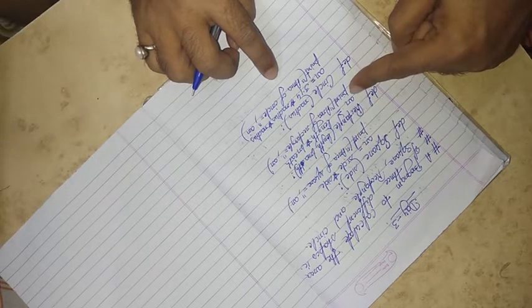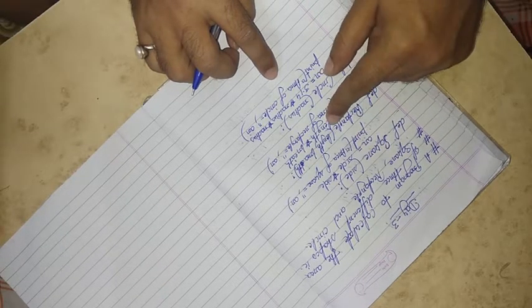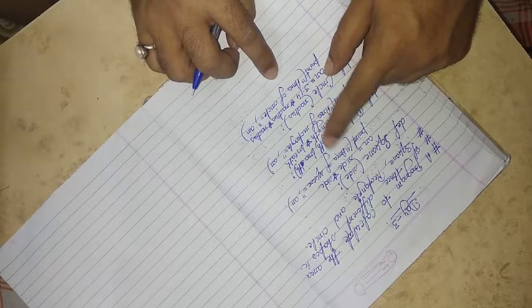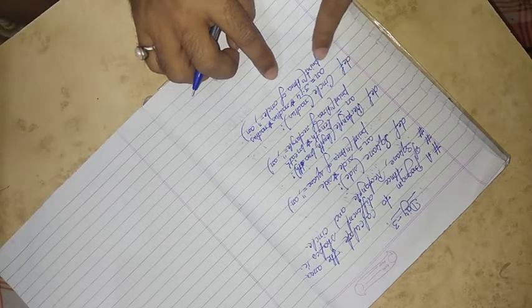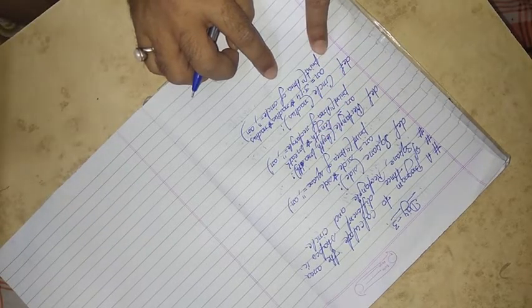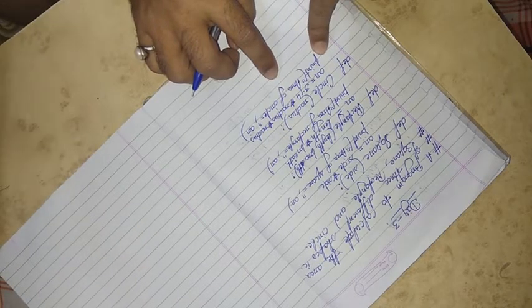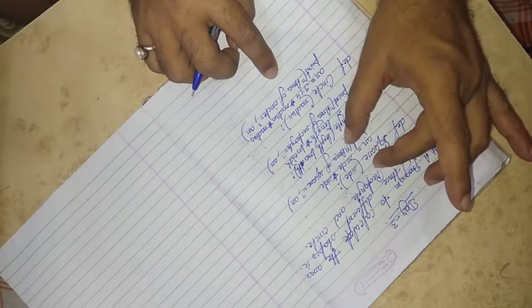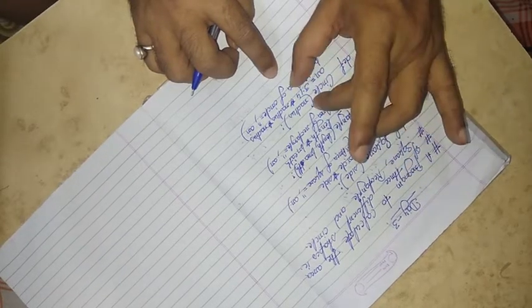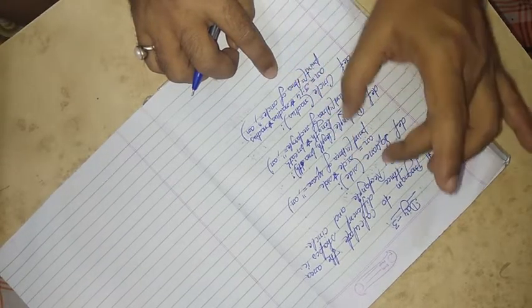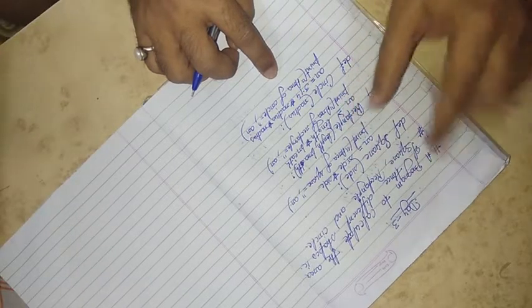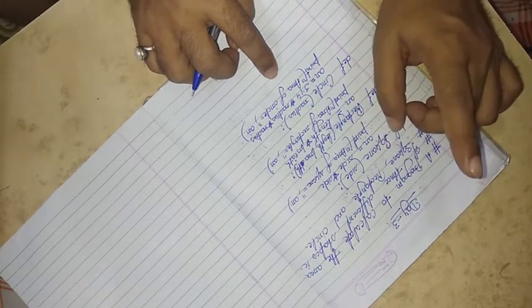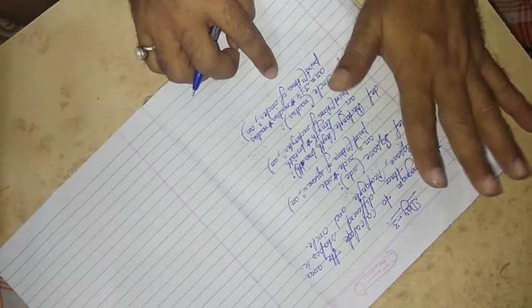The second user defined function named rectangle, that will be responsible for calculating the area of a rectangle. And the third user defined function named circle, that will be responsible for calculating the area of a circle. Okay, so each user defined function is capable of performing a specific task. Each user defined function you can see in this program is responsible for performing a particular task.